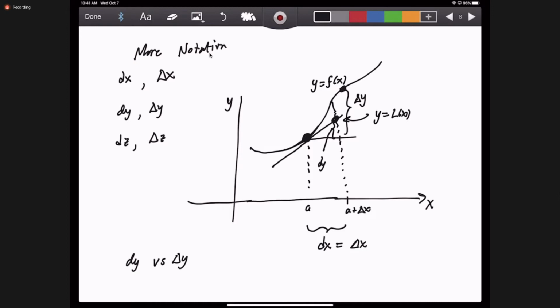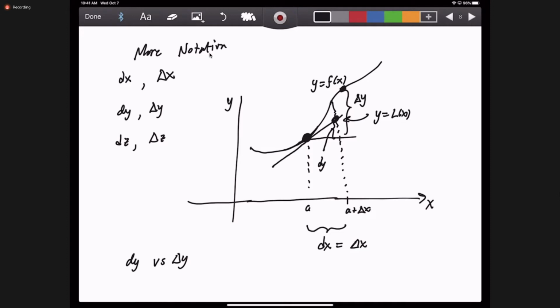In other words, trying to evaluate your function by just evaluating on the tangent line in this case does a good job.